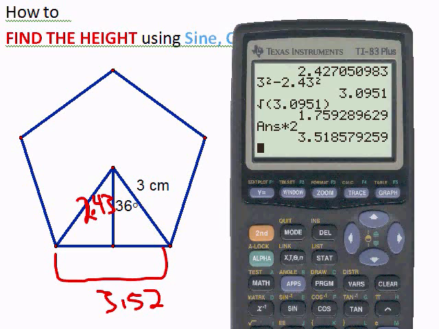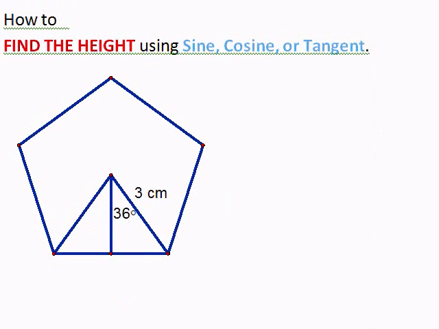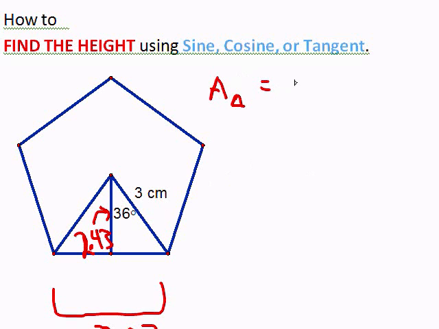And now that we've done that, we can finally solve for the area of our triangle and then the area of the entire polygon. To find the area of the triangle, we're going to go 2.43 times 3.52, and divide by 2.